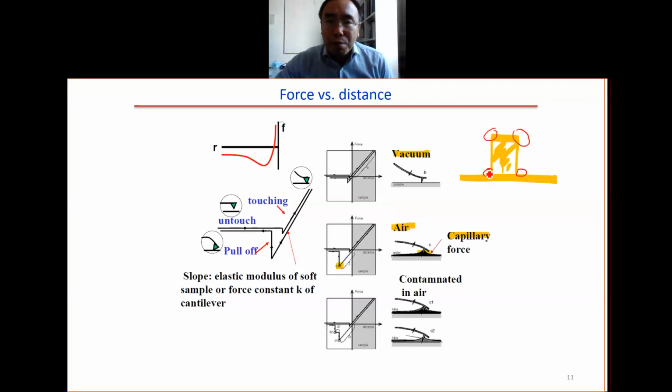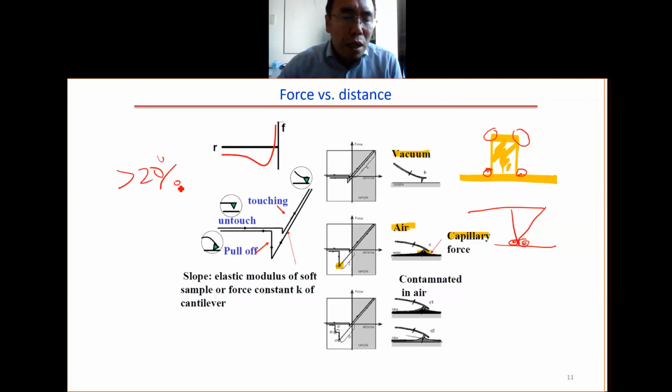But there's some water condensation at this part. So we have the AFM probe. This is the AFM probe. There is also water condensation here and here. That's why this will happen. When the humidity in the air is bigger than 20%, you will get this water condensation. Effectively, the tip is always touching the water, a very small amount of water.